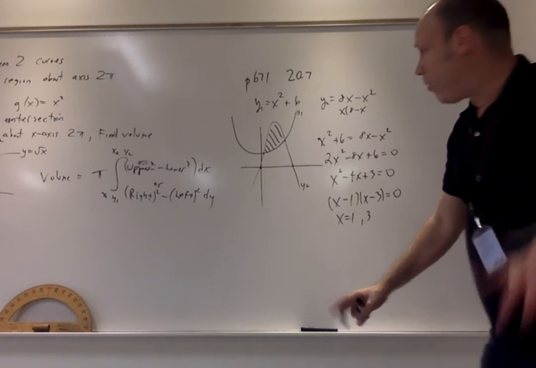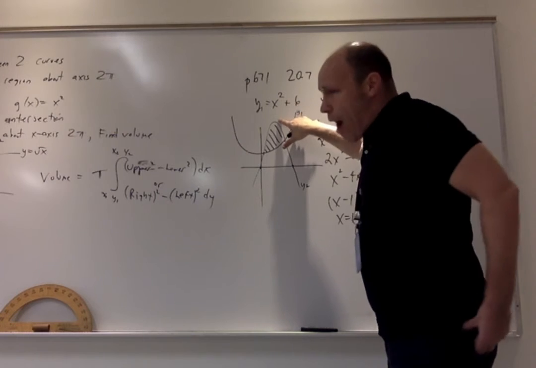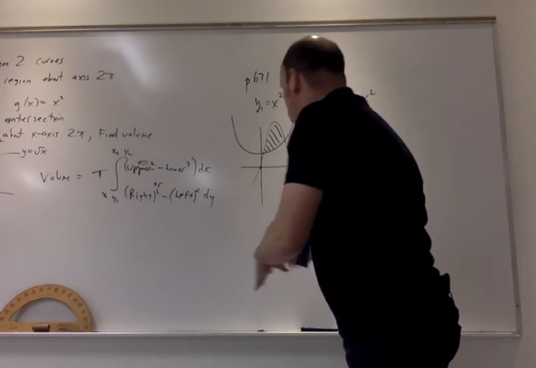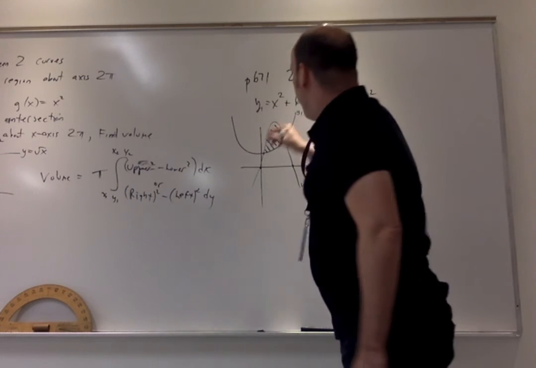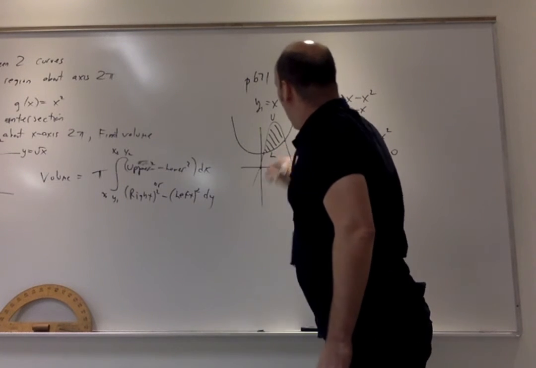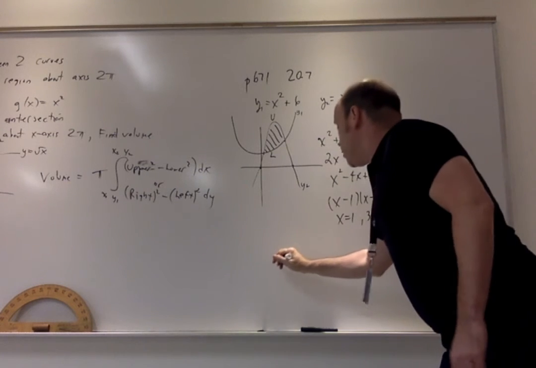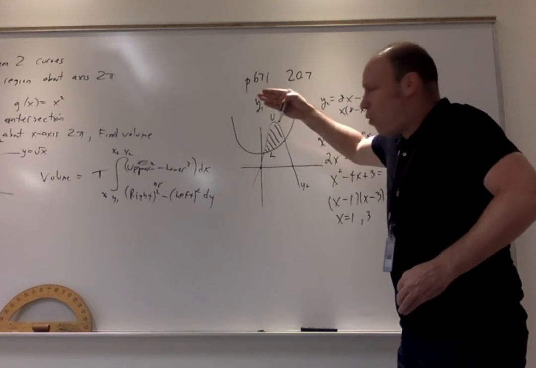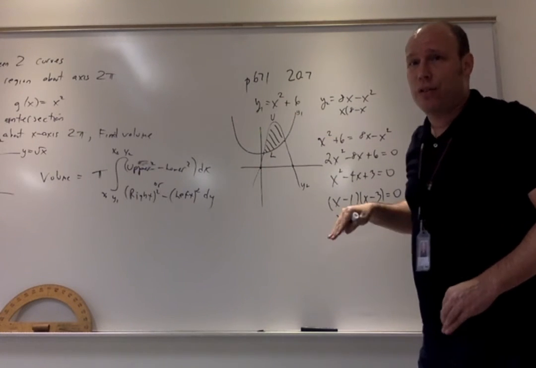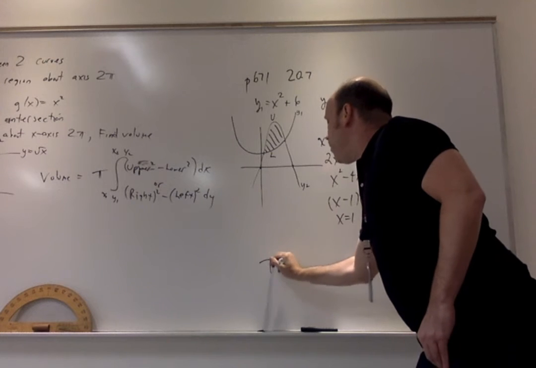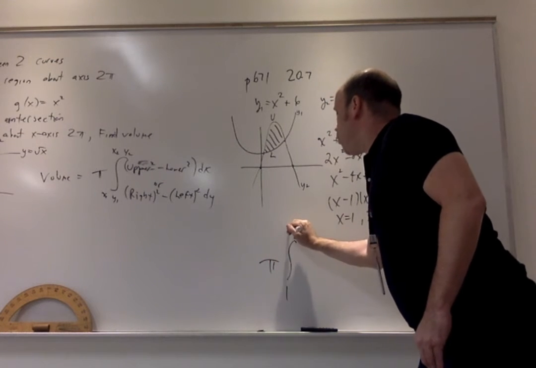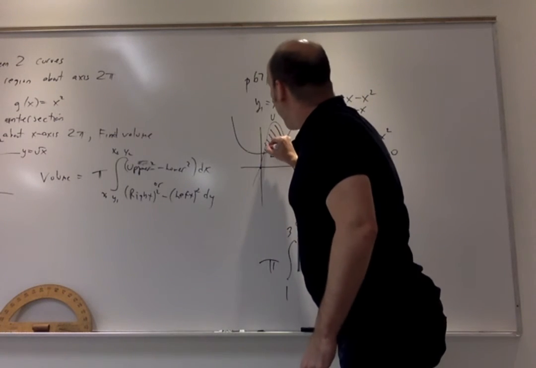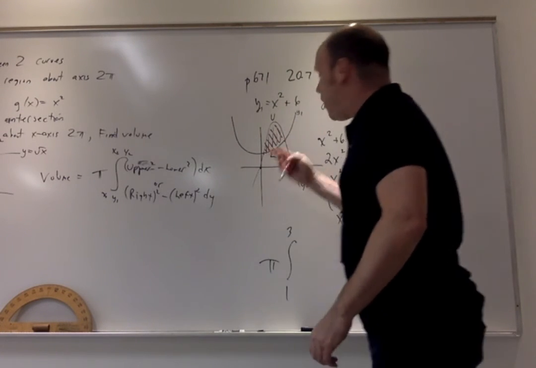You go, okay, Mr. Adler, the frown is on the top, this is the upper, just like finding the area between two curves, and this is the lower. If I take this region and rotate it around the x-axis, I know it's pi times the integral from 1 to 3, because remember, don't forget, it's always about the rectangles, and these rectangles are going to be the radii.